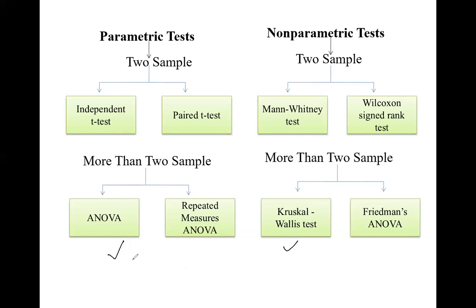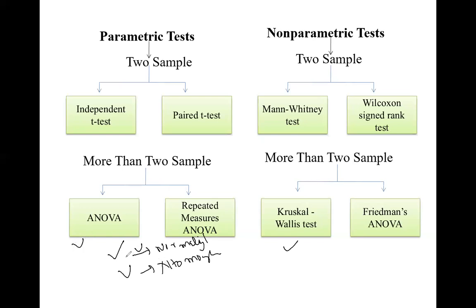What are the assumptions? The first is that the data should be normally distributed. And second, the data should be homogeneous. Both the assumptions should be fulfilled. If data is normal and not homogeneous, then we cannot use ANOVA.